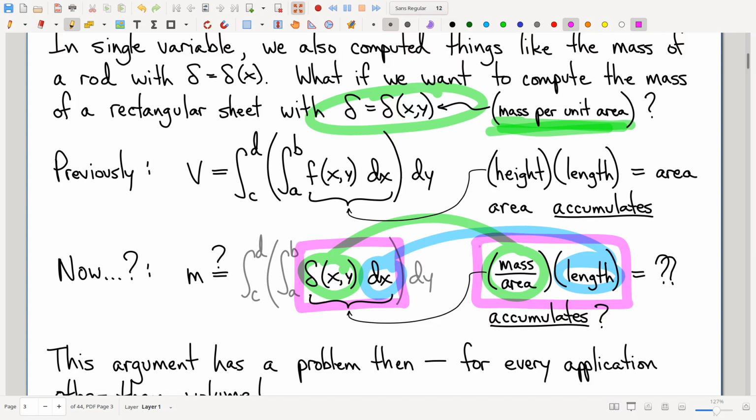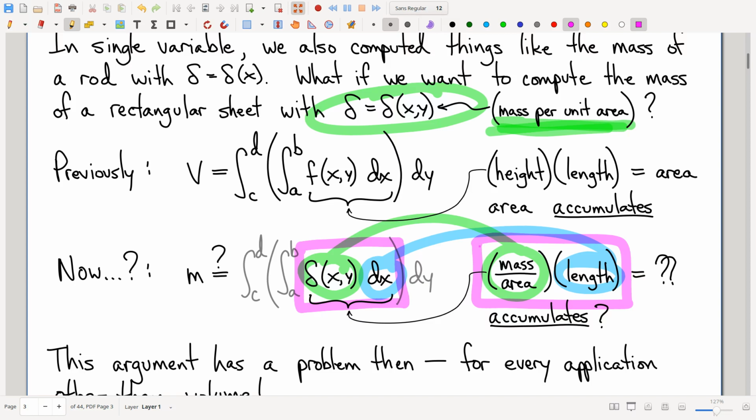Well, you could make a case, I suppose. You could try to make a case that it's mass per unit width. Yeah, mass per unit width. Well, what's that? Does that accumulate? Is the whole the sum of the parts? Are you sure? You see, we have a problem, right? The reasoning, there's some sticky wickets in there. And now, as it turns out, yeah, you can go to some trouble and make sense out of these things.